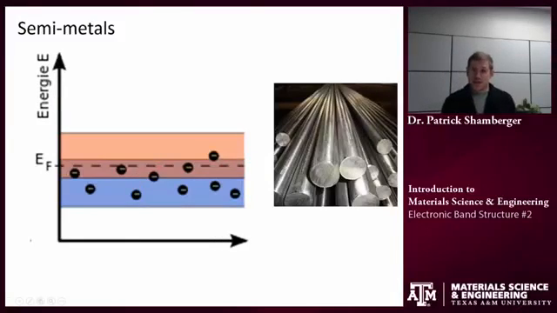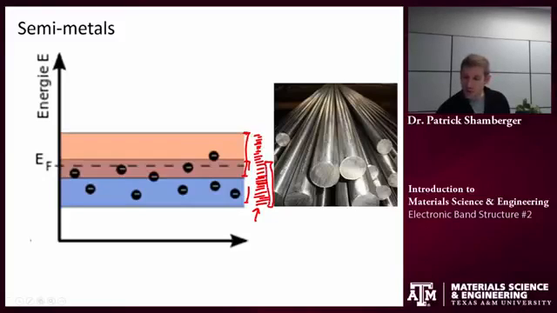Now there's another way that we can get metals, and these are sometimes called semimetals, and that's when, given the energy levels of the orbitals, those energy levels overlap, and I can have two bands that will actually overlap. And again, I could start filling up these with electrons, but the important thing to remember is that in this case, again, there's a continuous spectrum of available energy levels, all the way from the very bottom, and these ones look like they're occupied up to about this level, and into this unoccupied energy band.